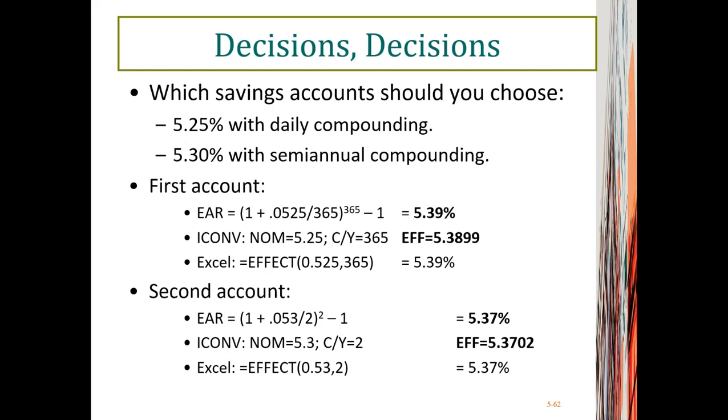So without asking how money is compounded, you would say the second account has a higher interest rate, 5.3% versus 5.25% for the first account. But your true interest rate is actually higher for the first account with the daily compounding.